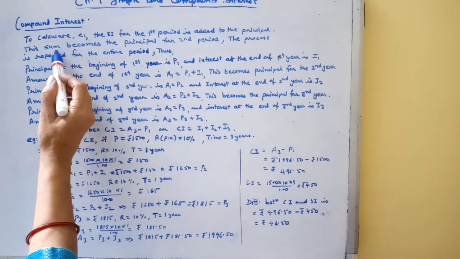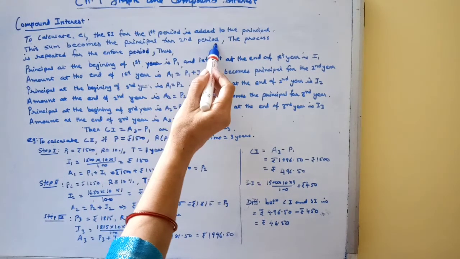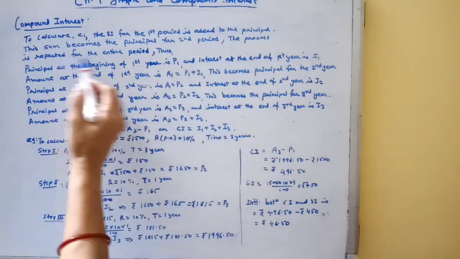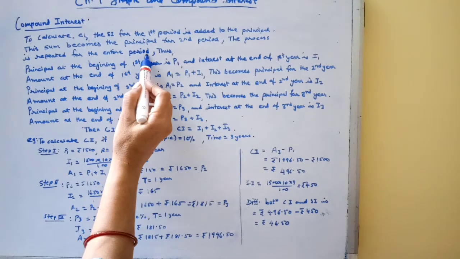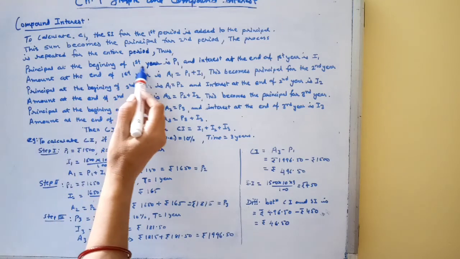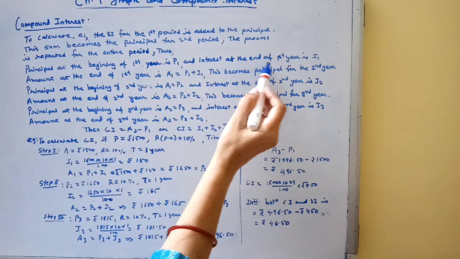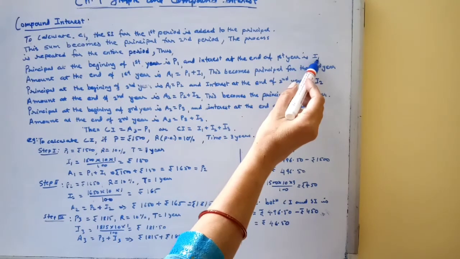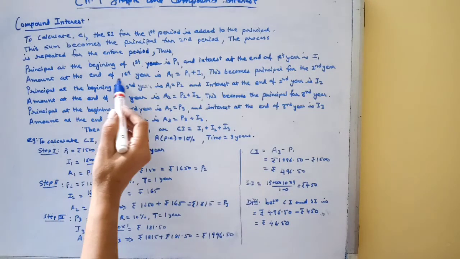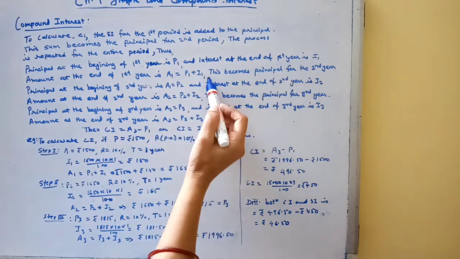Then this sum, that is the amount, becomes the principal for the second year, and this process is repeated for the entire period. Thus, the principal at the beginning of the first year is P1 and the interest at the end of the first year is I1. Then the amount at the end of the first year is P1 plus I1.